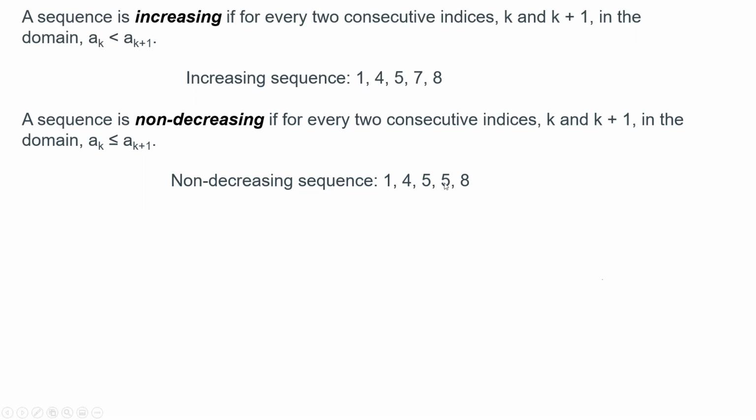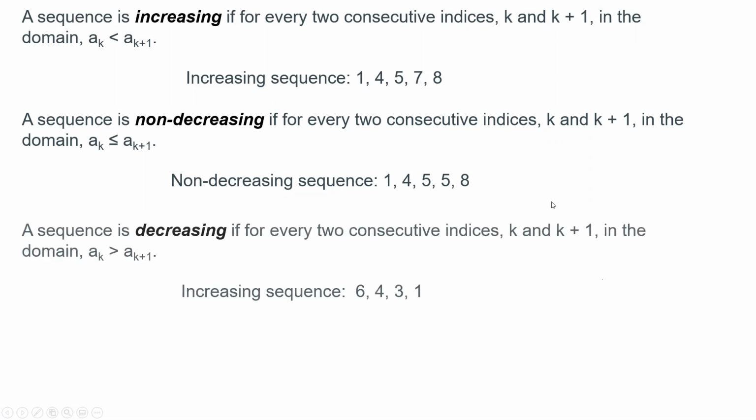So just because the second 5 isn't bigger than 5, that means we can't say it's an increasing sequence, but we could at least say it's non-decreasing, because we're never decreasing as we go on to a new term. We're never going below what the previous term was.